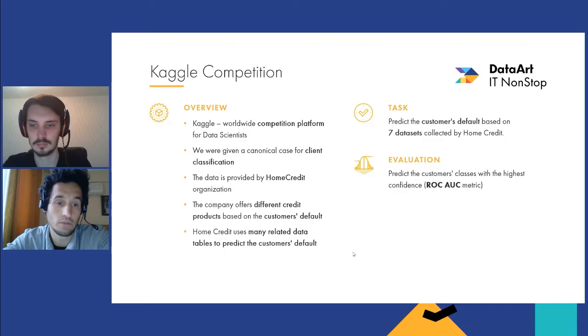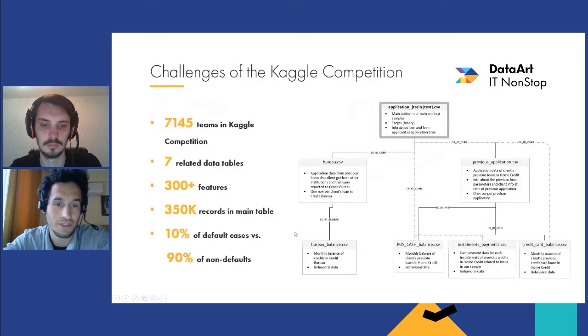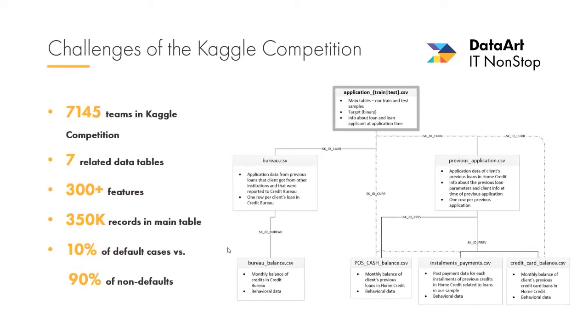The leaderboard was in place, and let's see some more features of this competition. First of all, it's pretty crowded. More than 7,000 teams participated in this competition. It has, as I mentioned, 7 related data tables, and you can see the data structure on the image. The main table is application, train and test set, and then foreign keys relate this data set to others like credit bureau, POS cash, installment payments, and other tables.